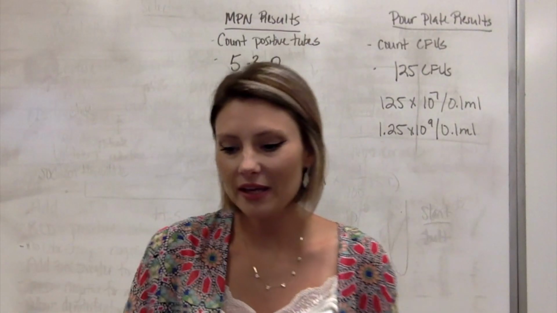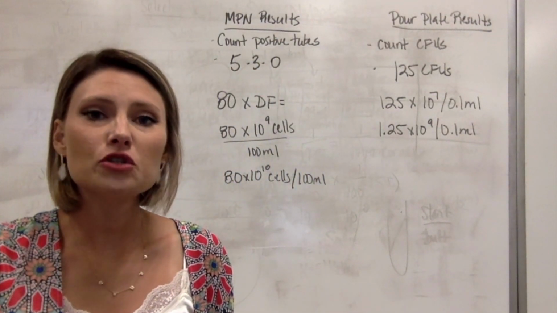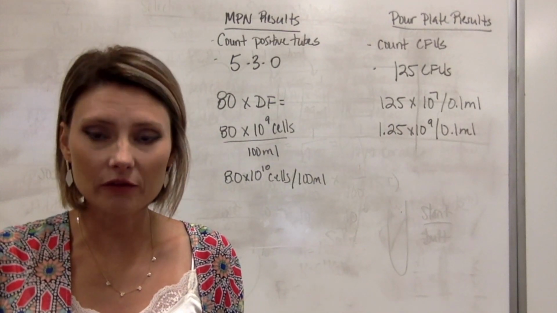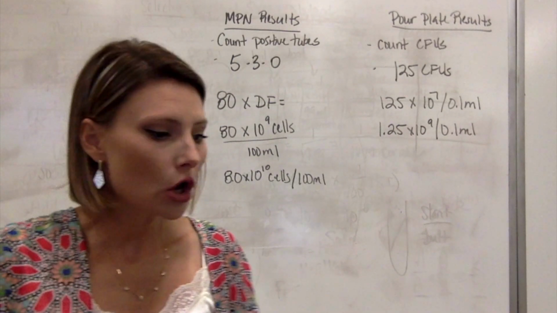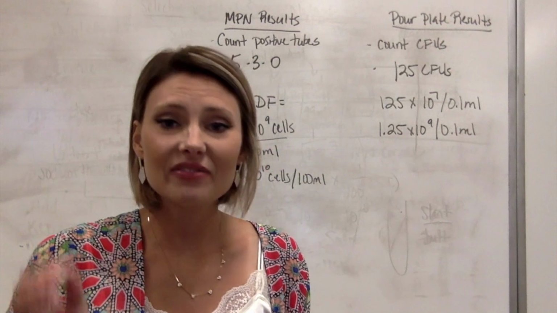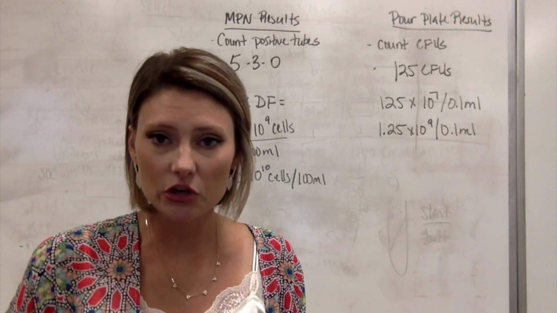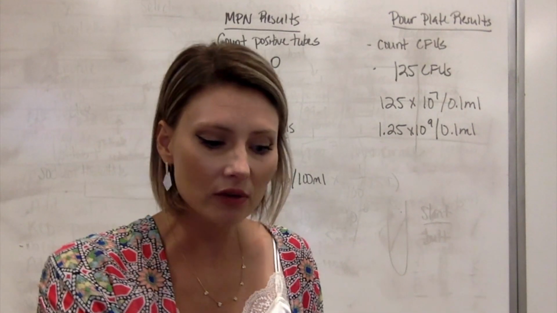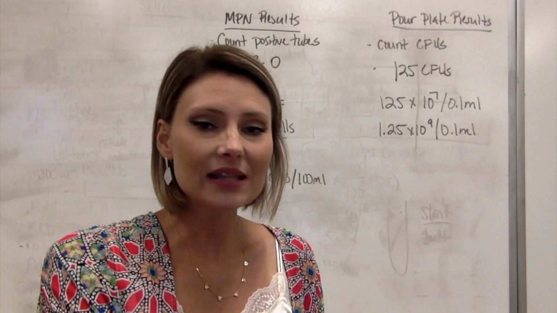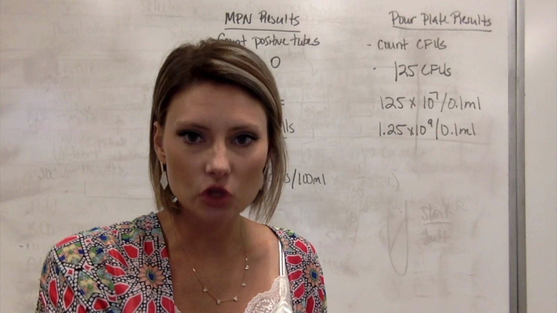So that's what I have here. This is the one that I actually already did. For my MPN results, I have to count the positive tubes. And remember, we used phenol lactose, so I'm going to count the yellow tubes. The MPN is a 3-digit number, so you start counting at the next to last row that has all positive tubes.